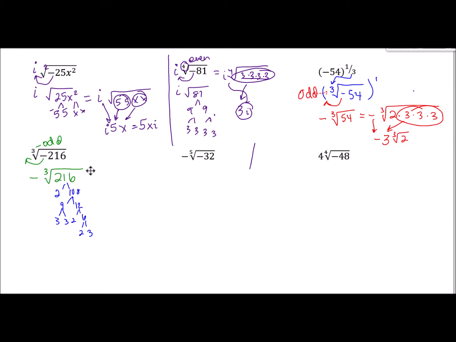Okay, equals the negative cube root of 2, 2, 2, 3, 3, 3. One group of 3s here, group of 2s. You're going to multiply those two together. Don't forget your negative.